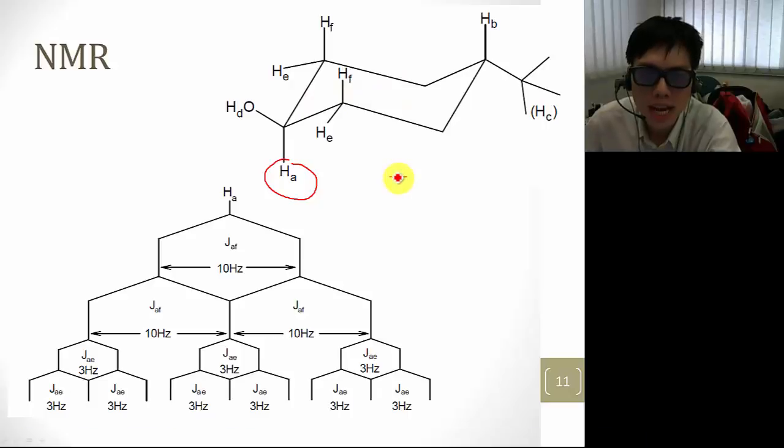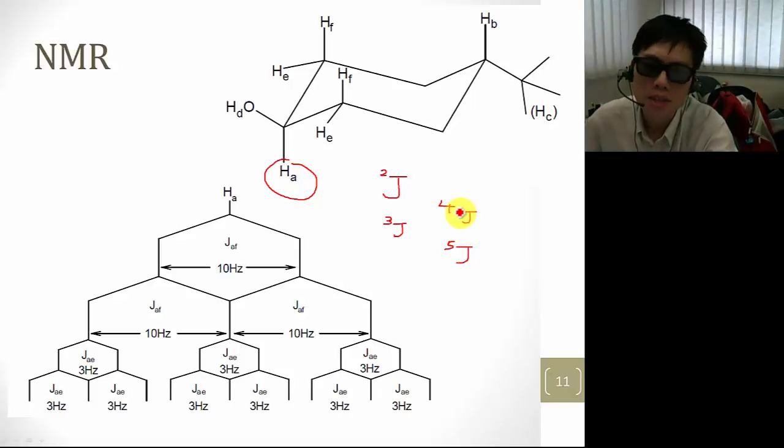So normally most of the time what we do is we take a 2J coupling, if not 3J coupling, 4J, or maximum 5J, because the coupling constant gets increasingly weaker as the bonds are further away. So these numbers, the superscript, represent the bond distance.